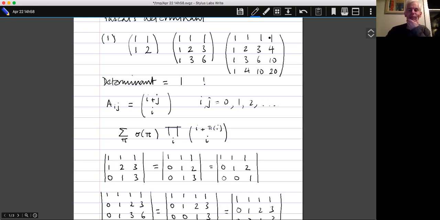I've written down the formula correctly for what the coefficients are. k choose 0, k plus 1 choose 1, so that's 3 choose 0, 4 choose 1, 5 choose 2, 6 choose 3.